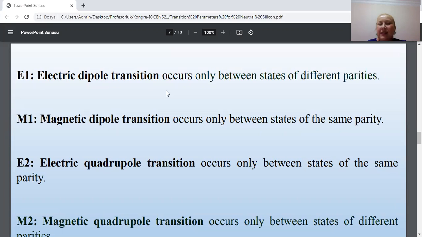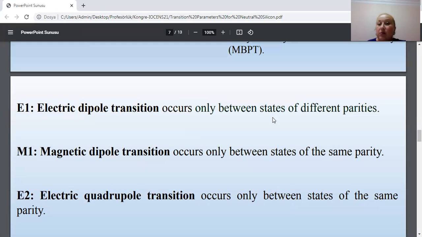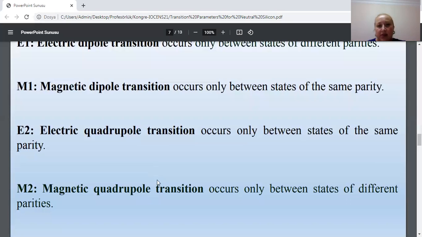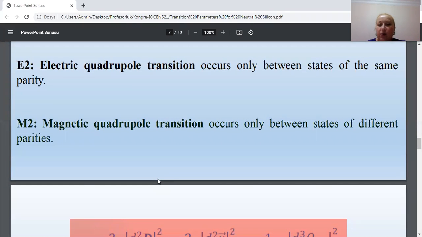E1 means an electric dipole transition occurs only between states of different parities. It's about the selection rules. M1, a magnetic dipole transition, occurs only between states of the same parity. E2, an electric quadrupole transition, occurs only between states of the same parity. M2, a magnetic quadrupole transition, occurs only between states of different parities.